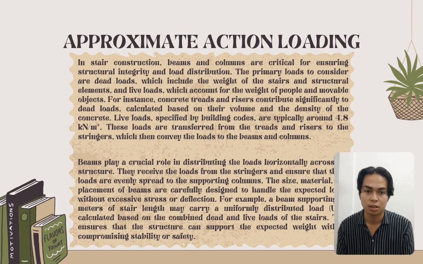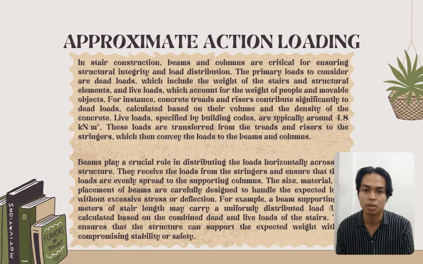For instance, concrete treads and risers contribute significantly to the dead load, calculated based on their volume and the density of the concrete. Live loads specified by building codes are typically around 4.8 kN per square meter. These loads are transferred from the treads and risers to the stringers, which then convey the loads to the beams and columns.